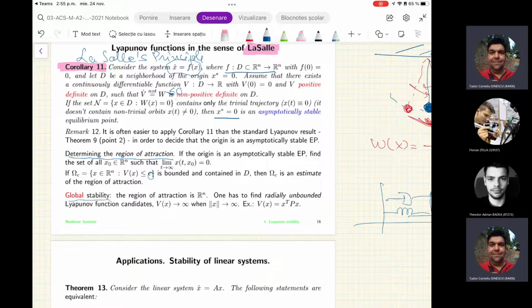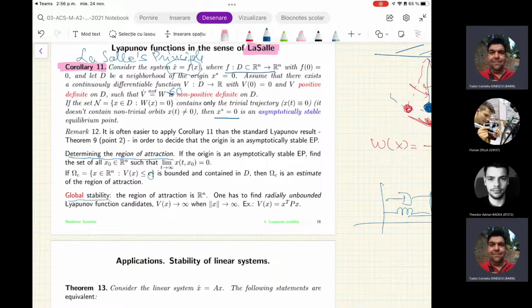There are not so many. There is some very nice theory, but it's very difficult to apply, and people usually avoid that. It's much easier to prove local stability, and sometimes global stability doesn't even exist.